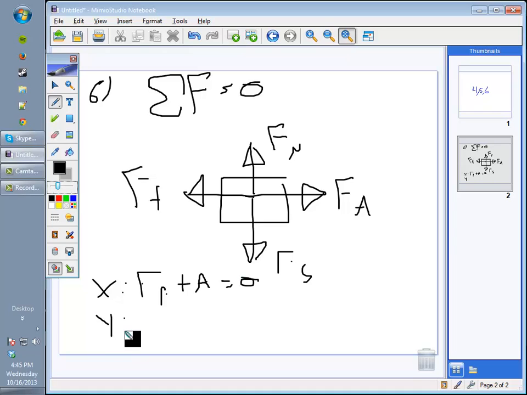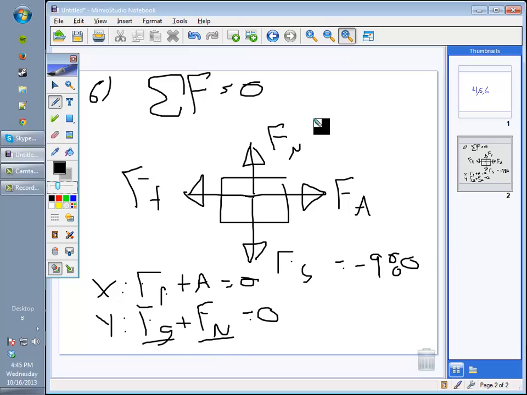In the y direction, gravity plus normal equals 0. Gravity we know, because it's 98 kilograms, is going to be negative 980, I'm sorry. And because that's negative 980, the normal must be positive 980.